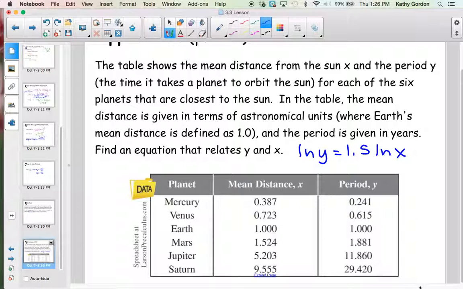Oh, it's y equals ln x to the 1.5. Right? This is the lesson about properties, right? And actually, I could go even one more step. Could you? y is equal to x to the 1.5.